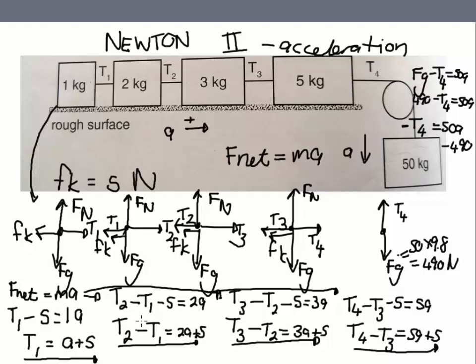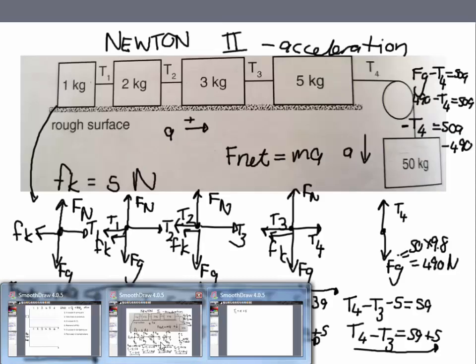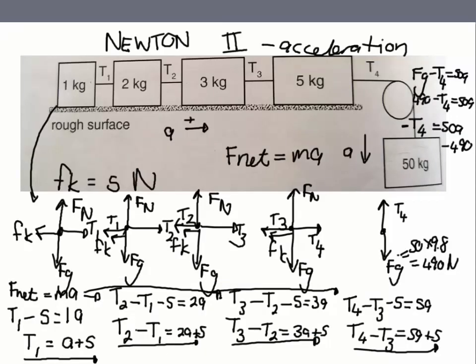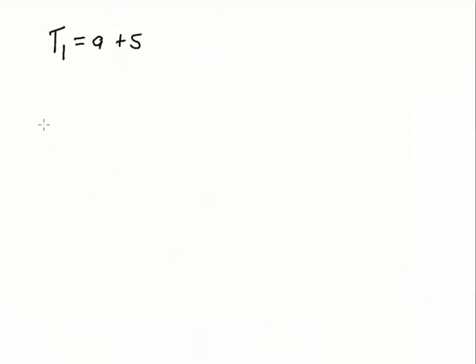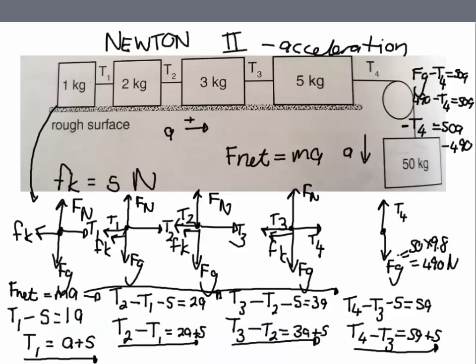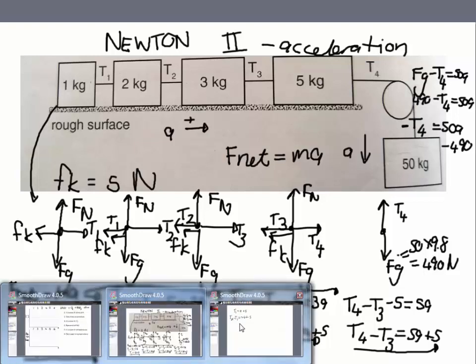And what I need to do now is take all 5 of these equations and write them down one under the next. So my first one, T1 equals A plus 5. My second one, T2 minus T1 equals 2A plus 5. Then for my third one, T3 minus T2 equals 3A plus 5.